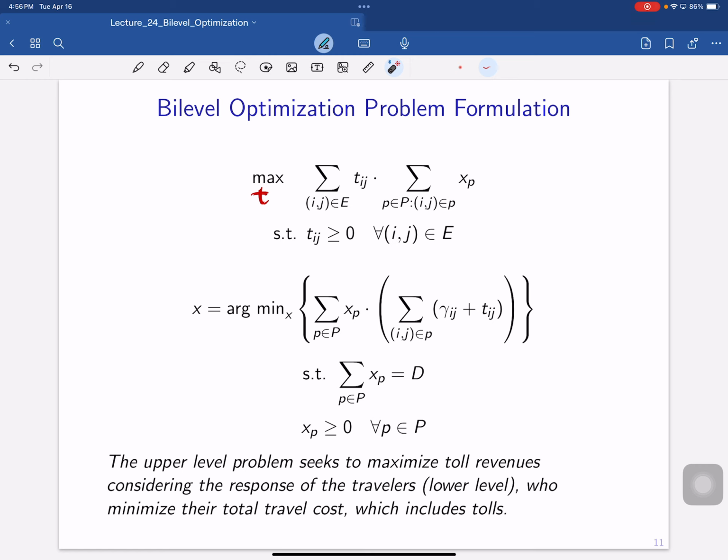Let's pause here a little bit to see if there are any questions. Yes. Is the sub-minimization problem the same as the best response function from the previous example? Yeah, exactly. In the previous example, the best response function has a closed form solution, so you can just plug it into the original problem. But here, let's say this is a linear program, so it is less trivial than the previous example.